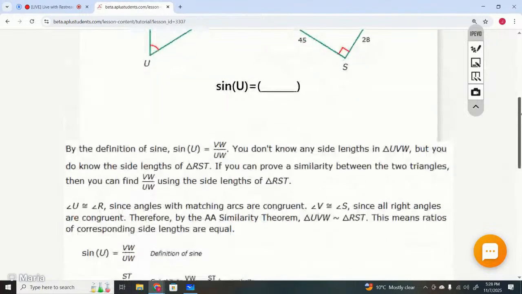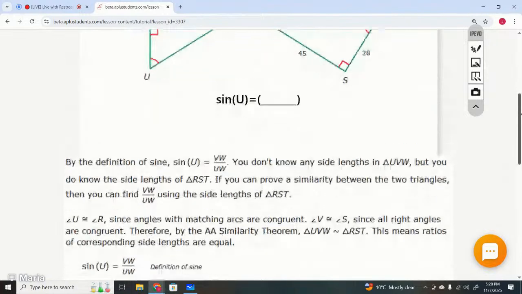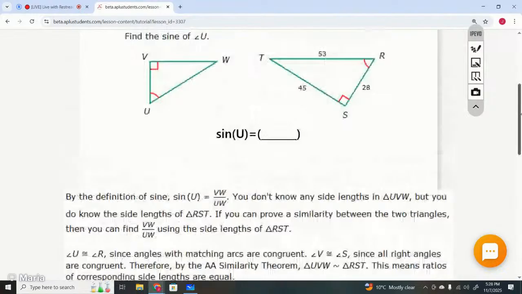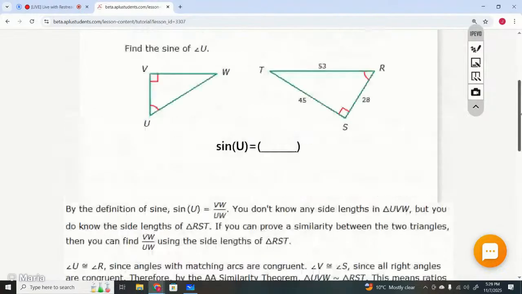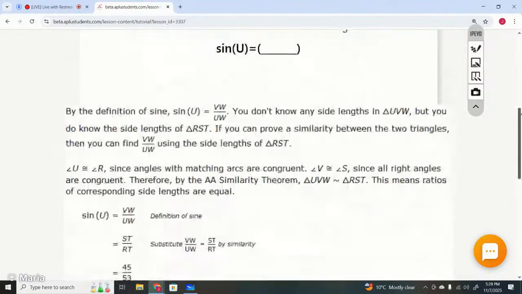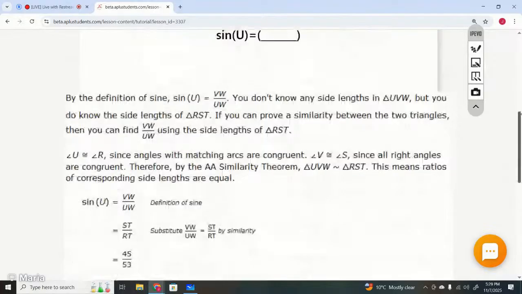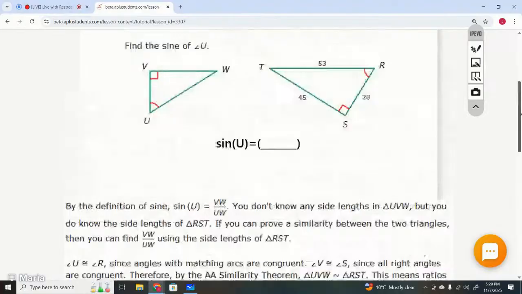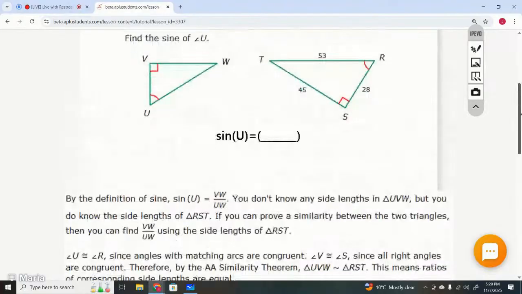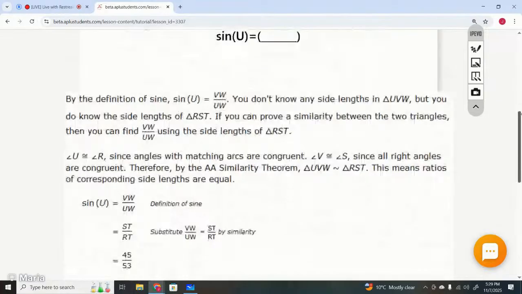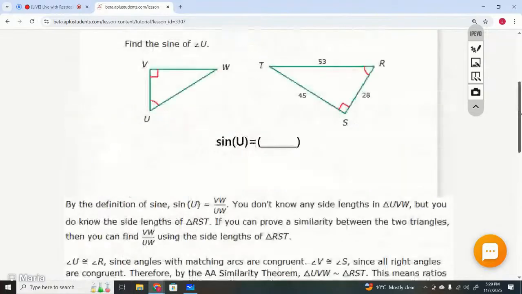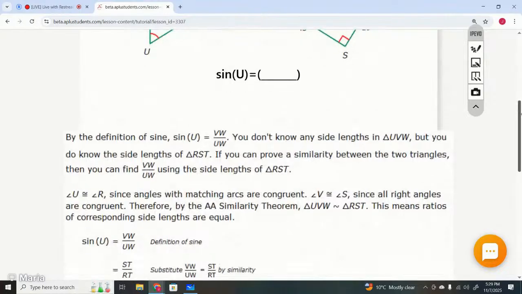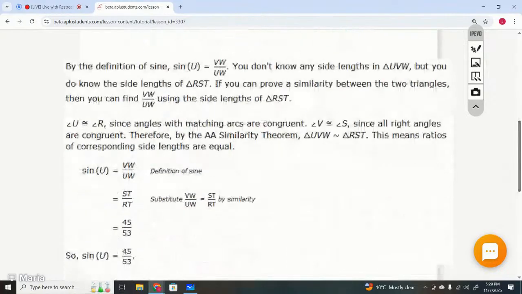So VW is similar to, and VU is SR. ST divided by RT.